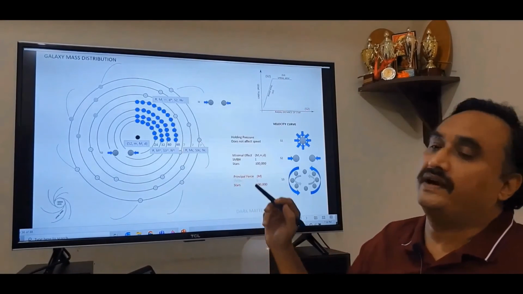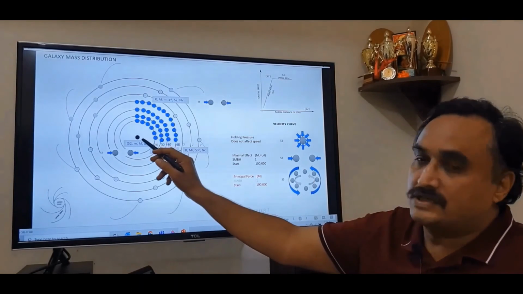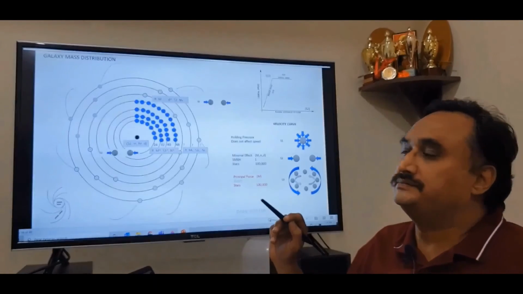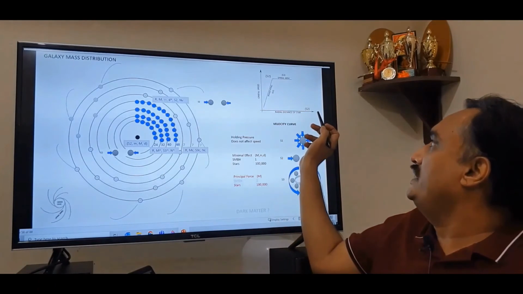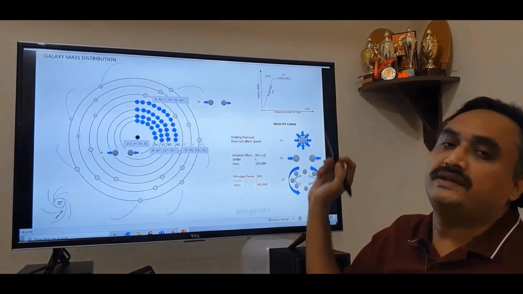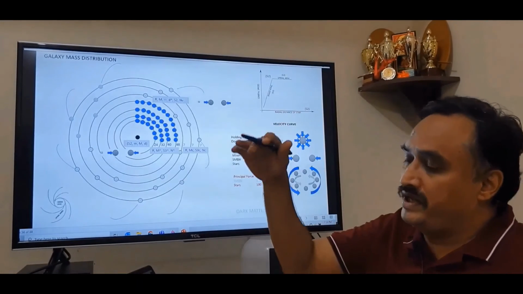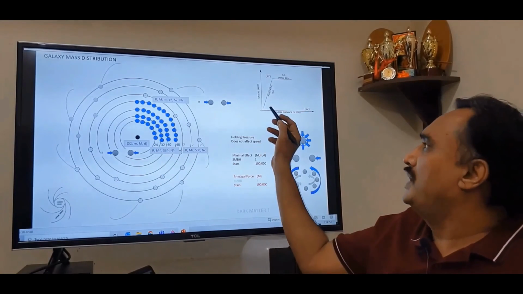So, it is 1 to 25,000, and hence the effect of the black hole on all the stars in the galaxy is minimal. That is why you will see that there would be S2, but it would be very close to the x axis, just parallel. It would be reducing as you move away from the center, but only very slightly.